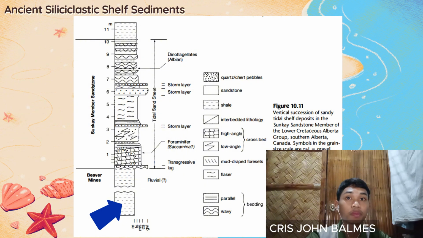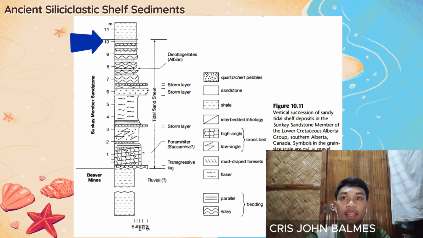And lastly, the presence of flaser, wavy, and lenticular bedding in the upper part, like our layers 4 to 10 here. And again, lastly, the transgression deepened the water at this site, causing black marine shales to be deposited on top of the tidal sandstone. Thus, our layer 11 here.